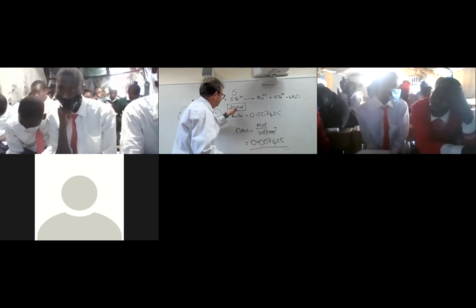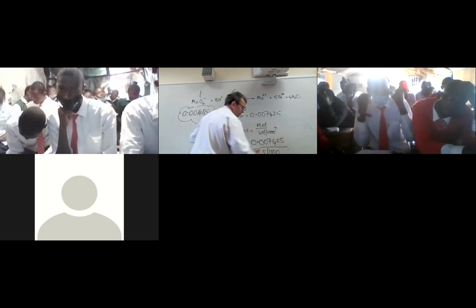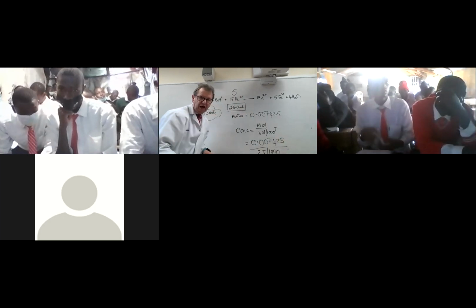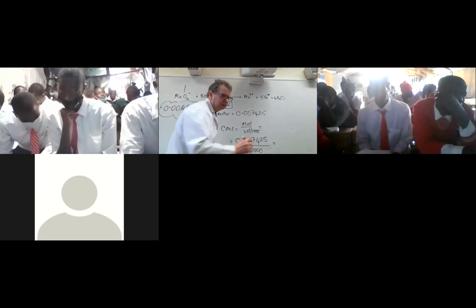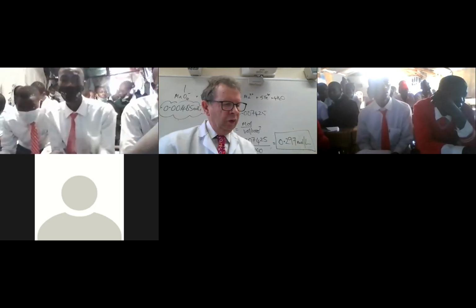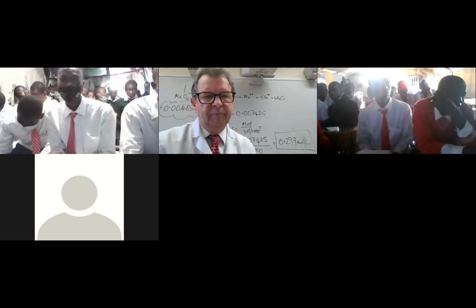So it's this divided by 25 over 1,000. Bring the 1,000 up here. And the answer is 0.297.